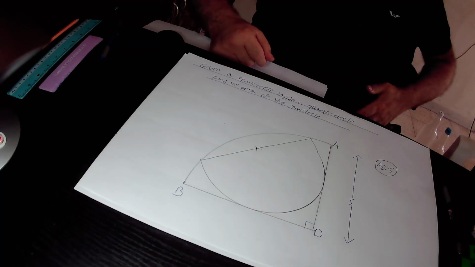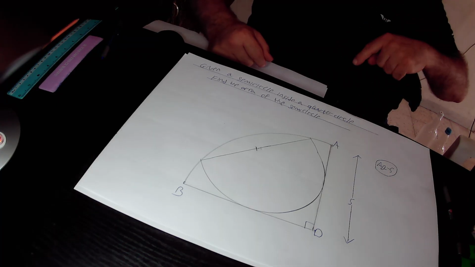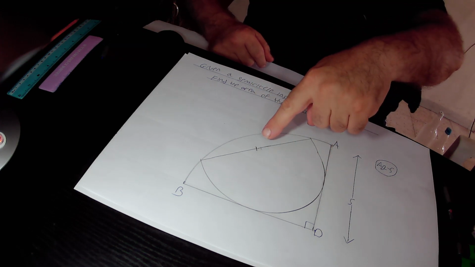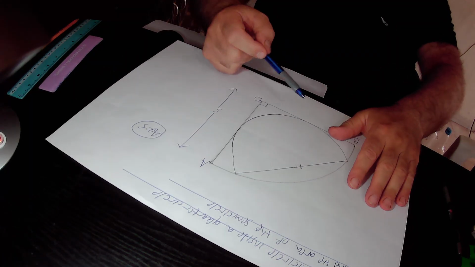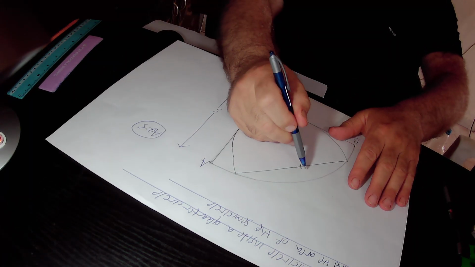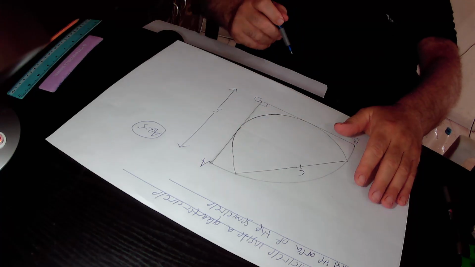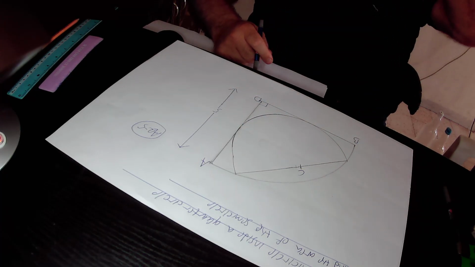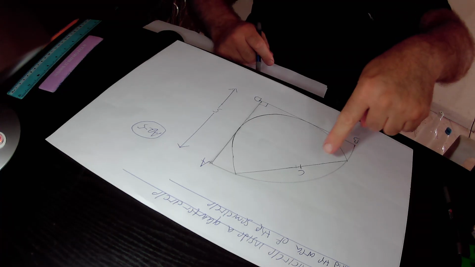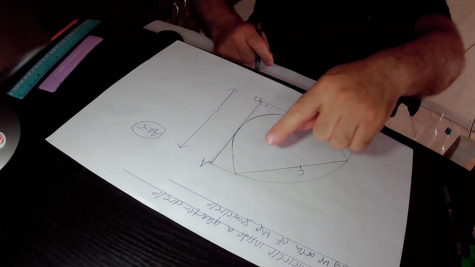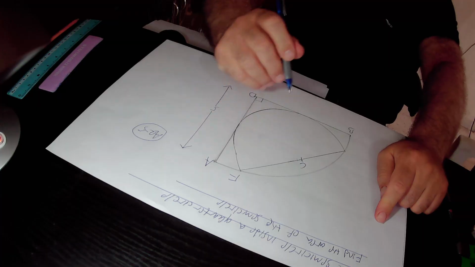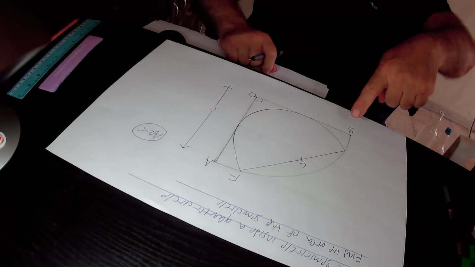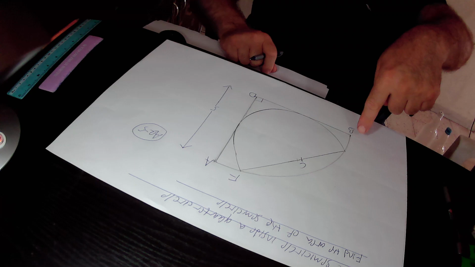First of all, we will define the center of this semicircle. This point is point C. We will define the touching point of this quarter circle with this semicircle. This point is point F. We will define the touching point of this semicircle with the quarter circle.